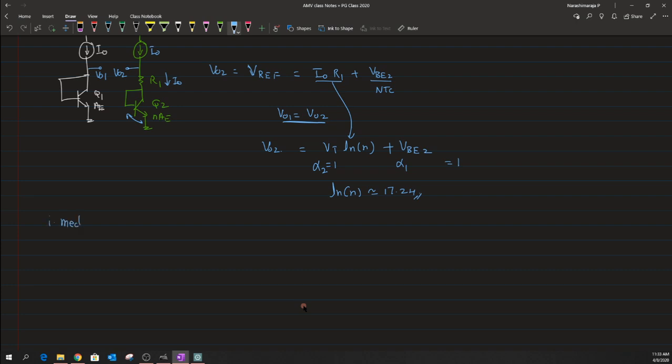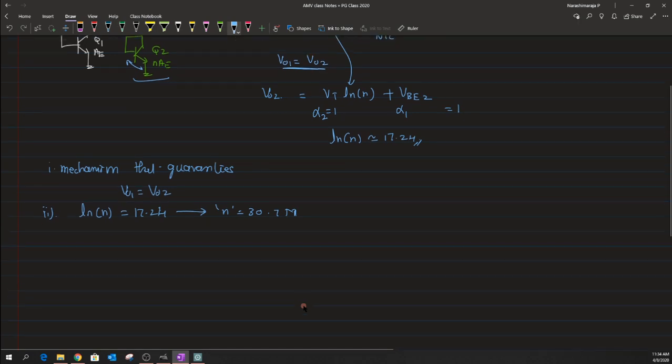We need a mechanism that guarantees the relation of VO1 to be exactly equal to VO2, and the second is that one has to ensure this ln of n to be equal to 17.24, and this in turn translates to a large value of n. That value of n is almost closer to 30.7 mega. So that is the large area required by the second structure Q2 in order to achieve this V reference across this node V out, VO2.